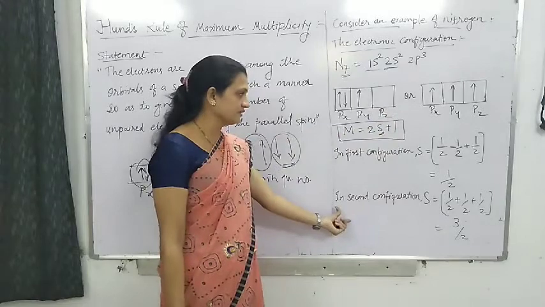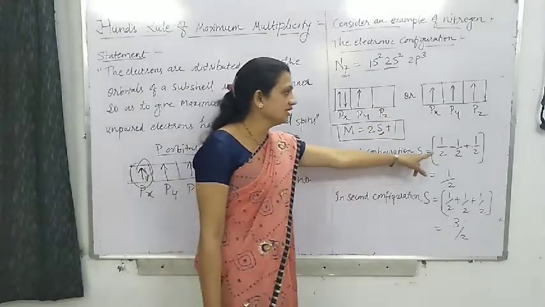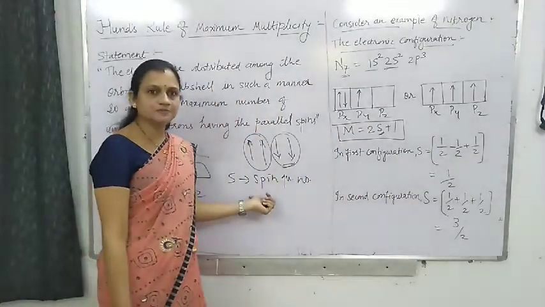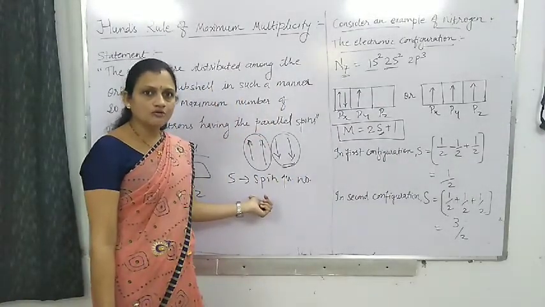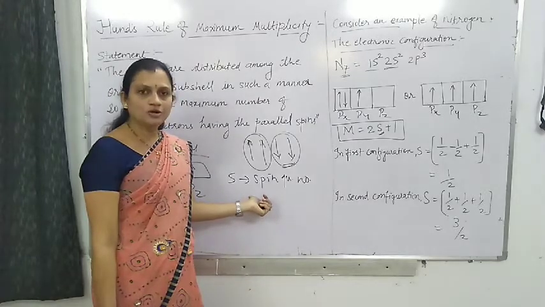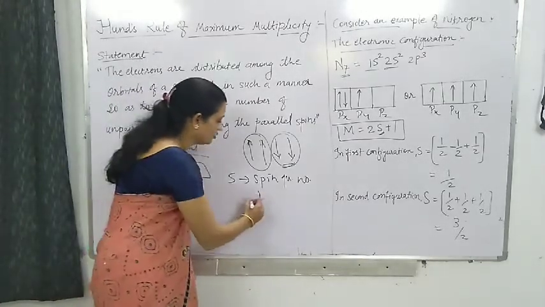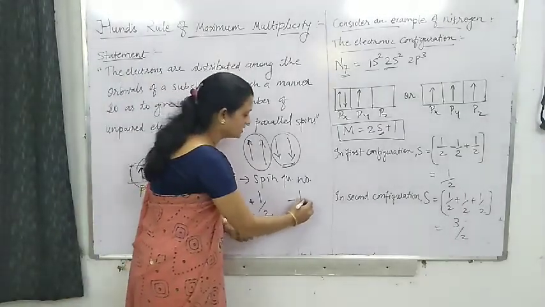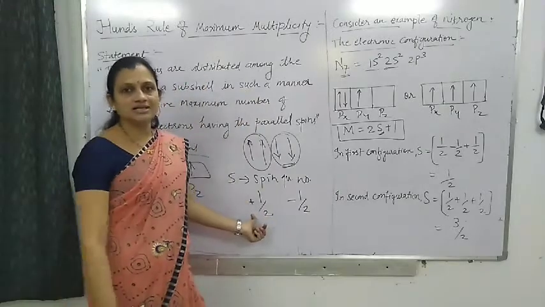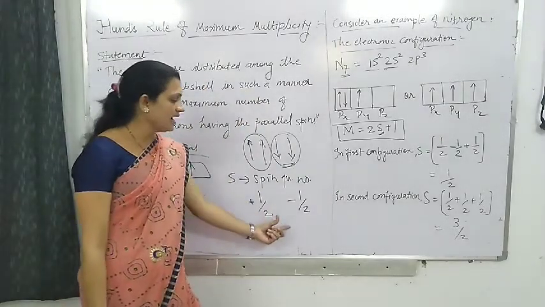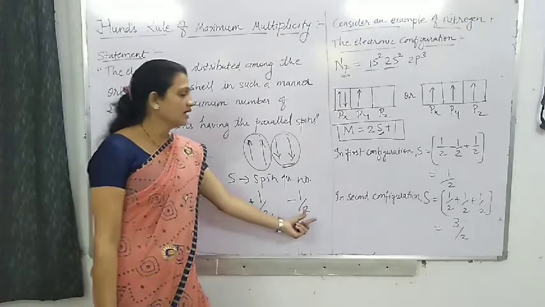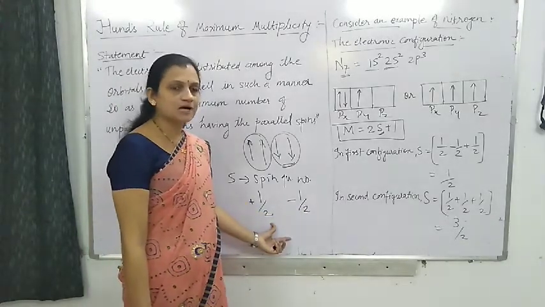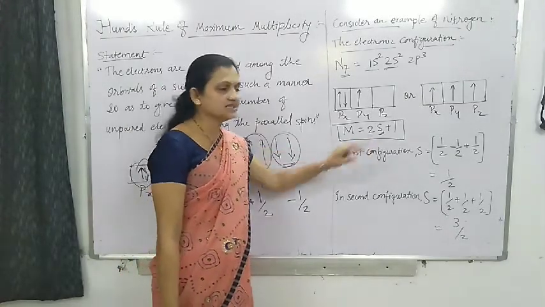Now as here the half value is given, in case of spin quantum number, where there is clockwise rotation, we denote it by plus half, and again where there is anticlockwise rotation, we denote it by minus half. So by using these values plus half and minus half, we are putting these values of spin quantum number in this formula.